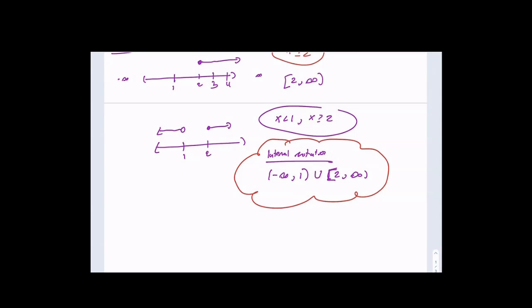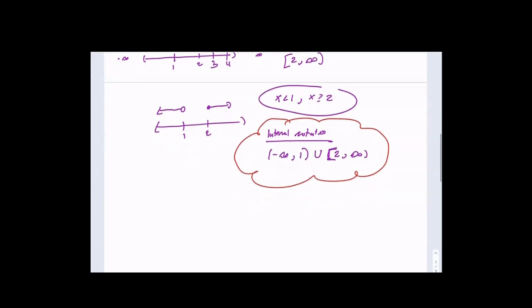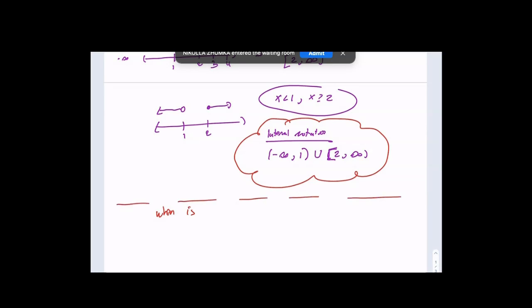But today's questions are going to ask, when is a particle moving forward? The answer is an interval.